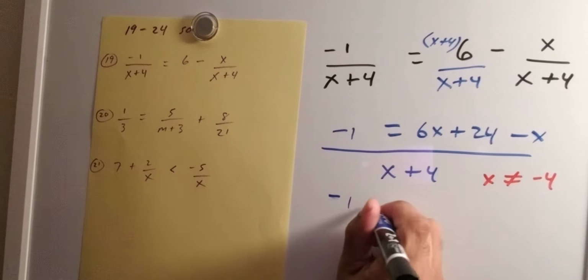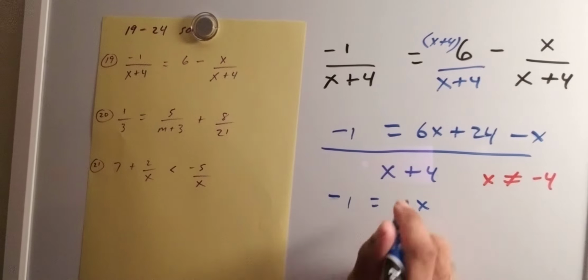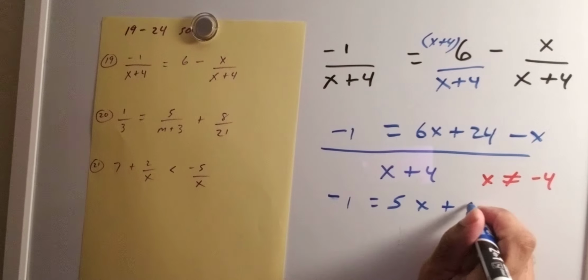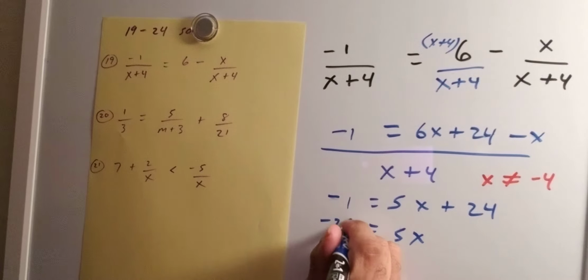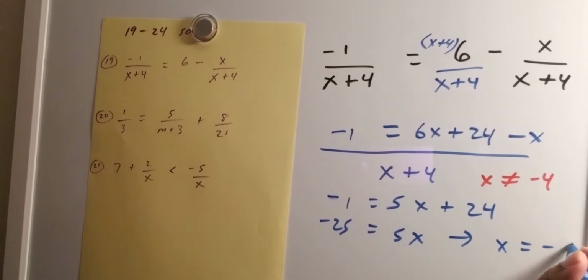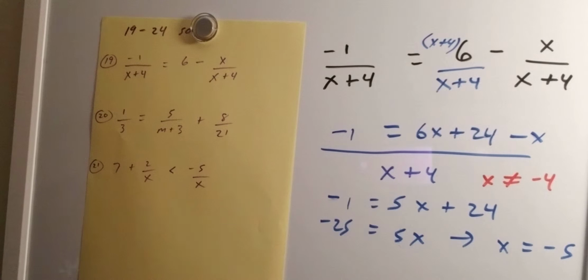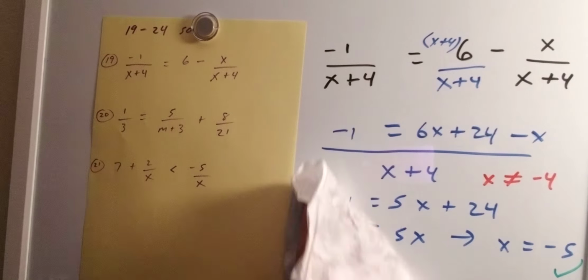So negative 1 equals 6x minus x, which is 5x, finding like terms, plus 24. 5x equals negative 25. So x equals negative 5, which is not restricted. It becomes the answer. Moving on to number 20.